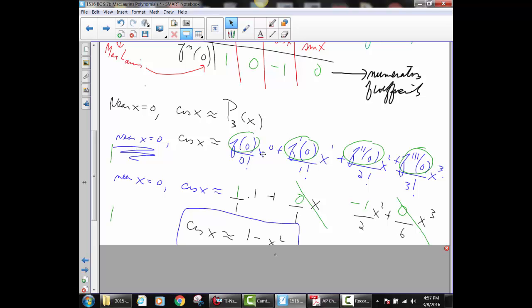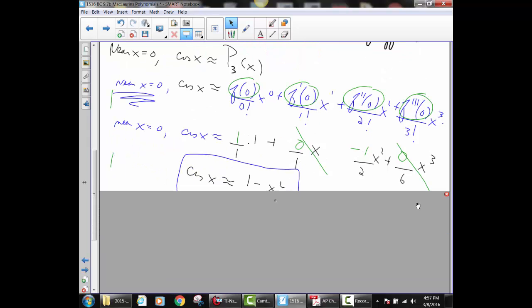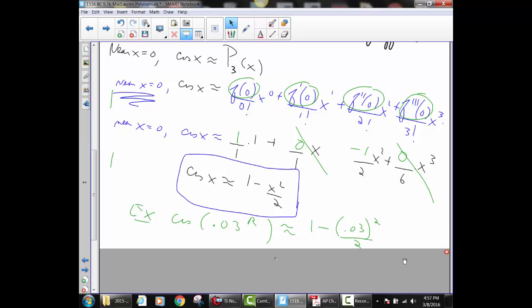And then that's over 0 factorial x to the 0, 1 factorial x to the 1, 2 factorial x squared. 0 factorial is 1. This whole thing becomes 0, so it's gone. So does this. And 2 factorial is 2. And we end up with an approximation of 1 minus x squared over 2.